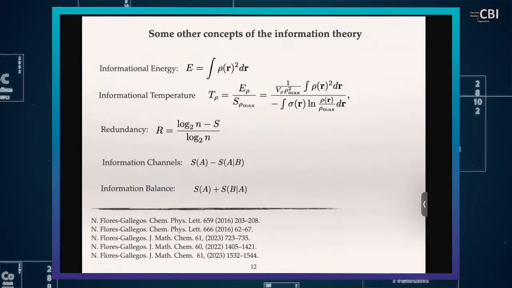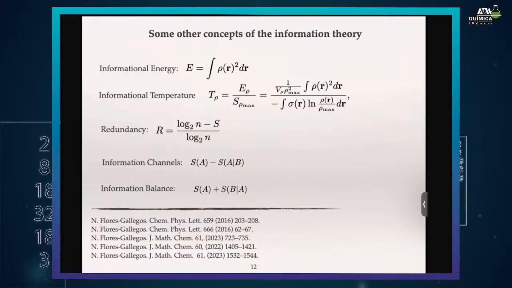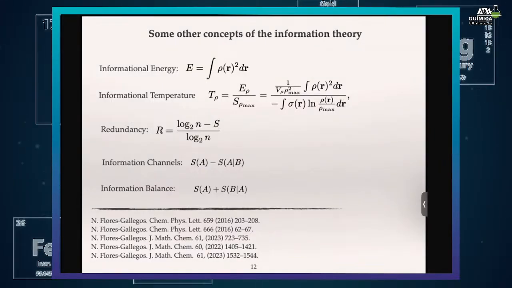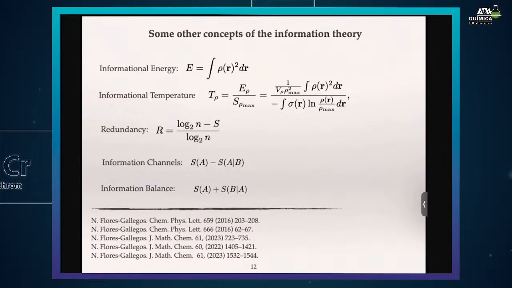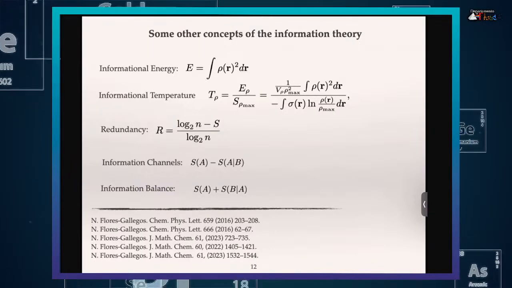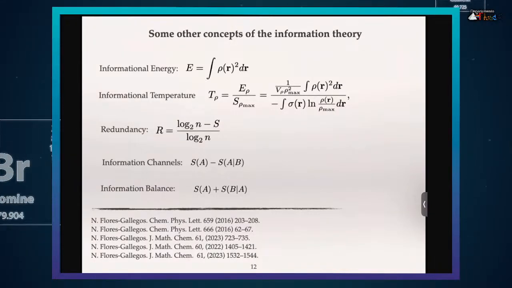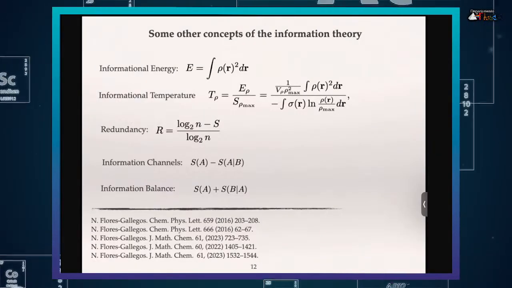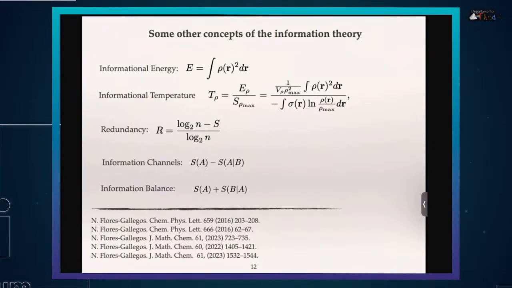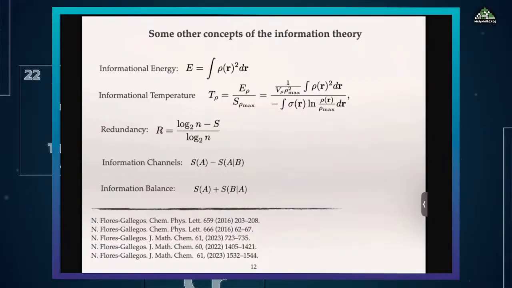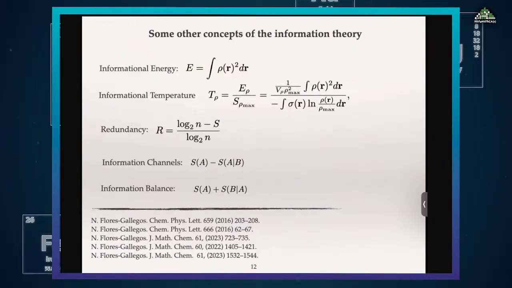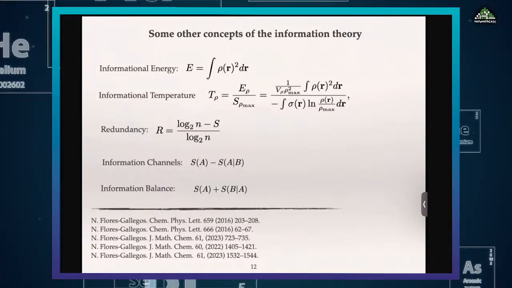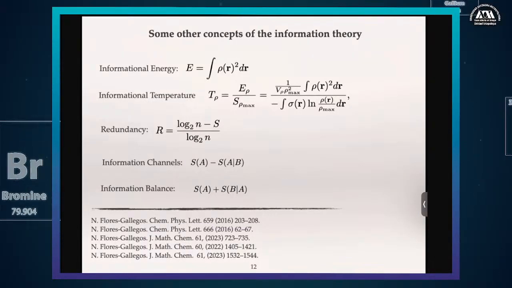This redundance can be used as a measure of electron correlation. We have other concepts of information theory, like the information channels and the information balance, that are, I insist, virtually not explored in the field of chemistry.